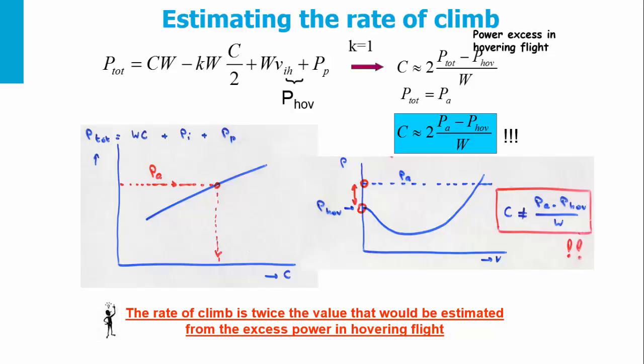Therefore, the rate of climb is twice the value that would be estimated from the excess power in hovering flight. So it is not only the excess power in hovering flight, but it is twice the excess power estimated in hovering flight. This ends the main derivation of the performance for the climbing flight.